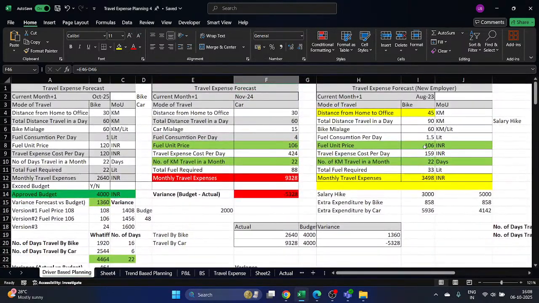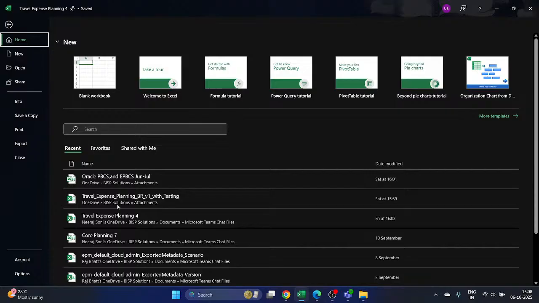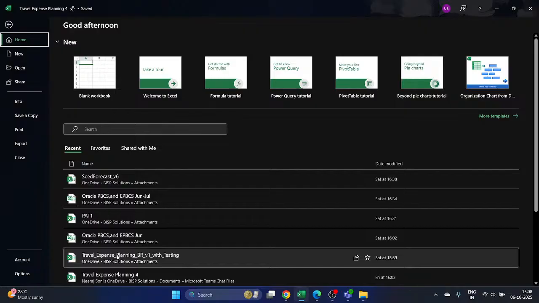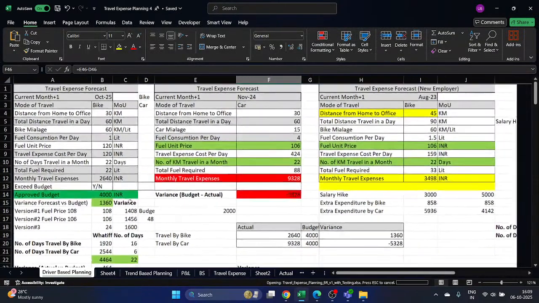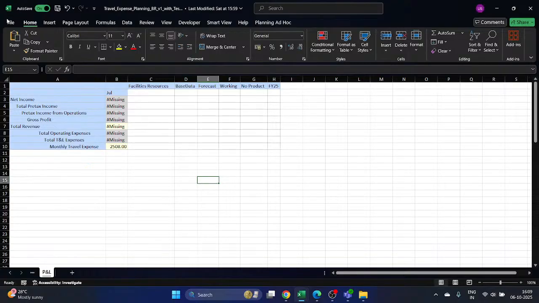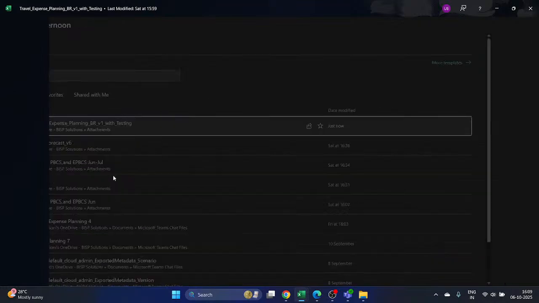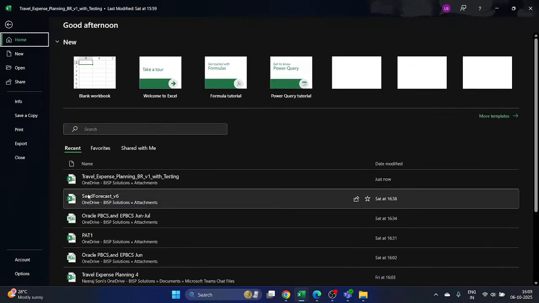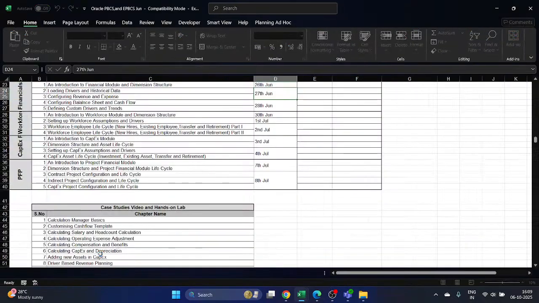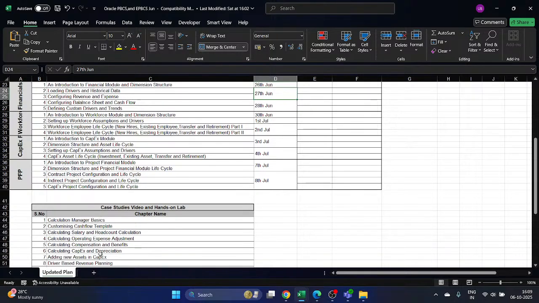For the actual outcome, one minute, I am opening the file. Yes, here it's clearly visible.